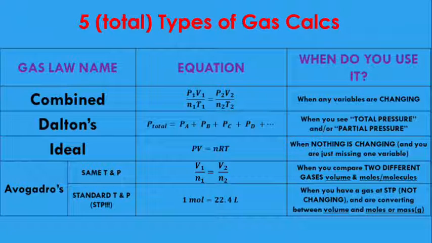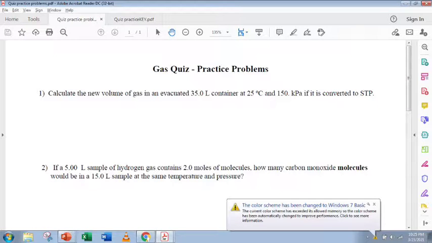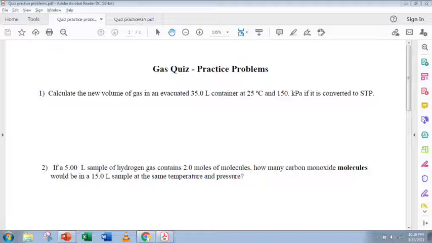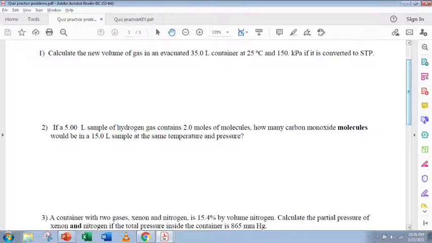What I'm actually going to do just super quick is look at the quiz review problems and go through each of these because they are remarkably similar to your quiz problems, and go through that process of choosing which equation it is just very quickly with you so you can see that process happening and understand a little bit better how some of these very similar questions on the quiz got chosen to have those specific equations. So this first one is asking us to calculate the new volume.